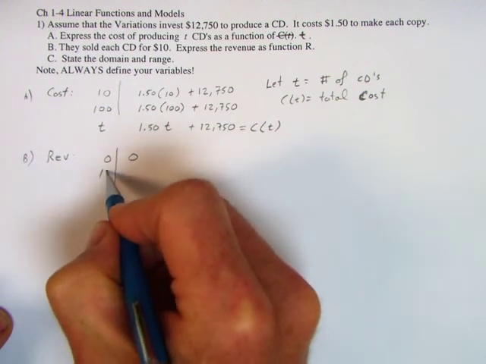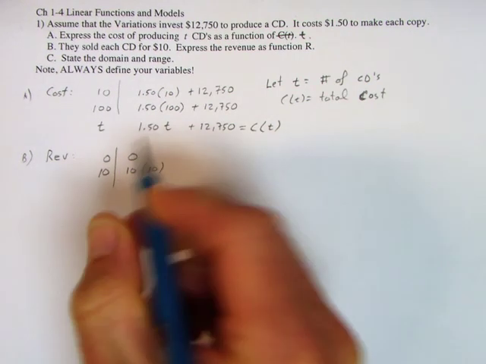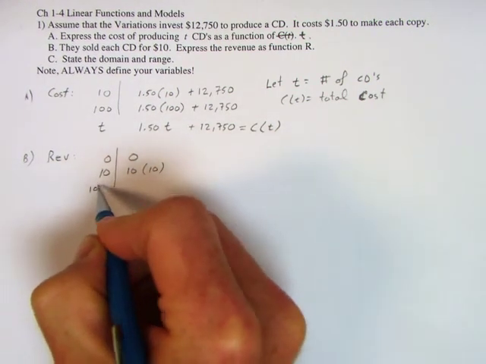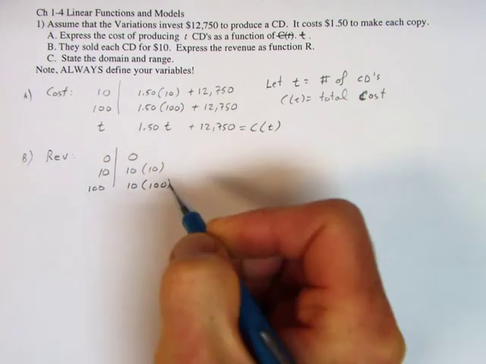If I sell 10, then I'm going to make $10 each. If I sell 100, I'm going to make 10 times that.